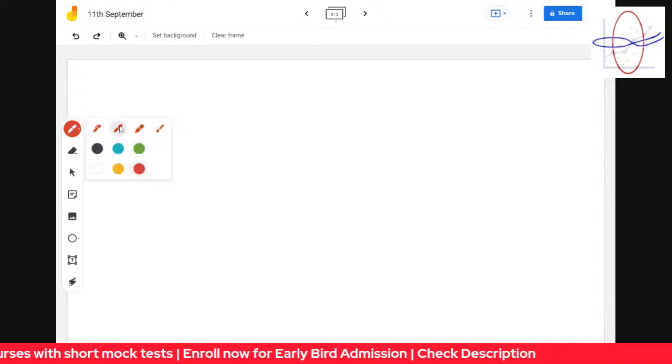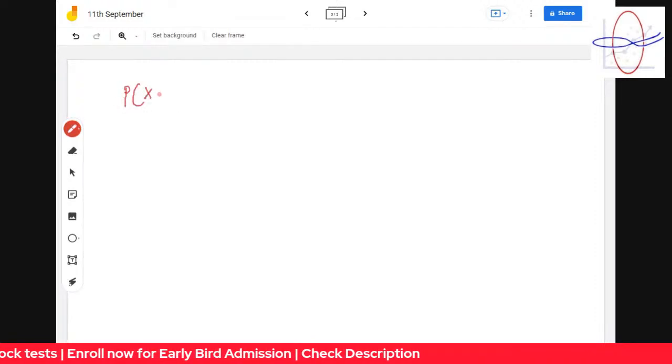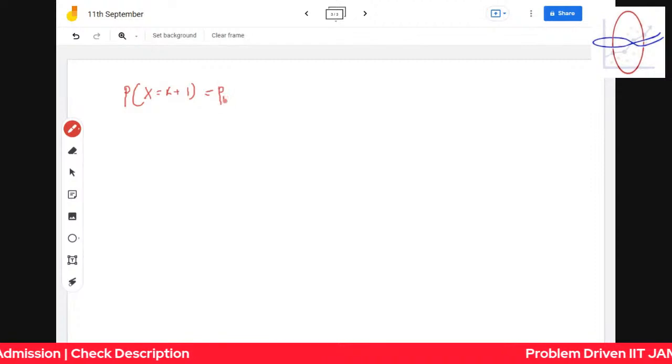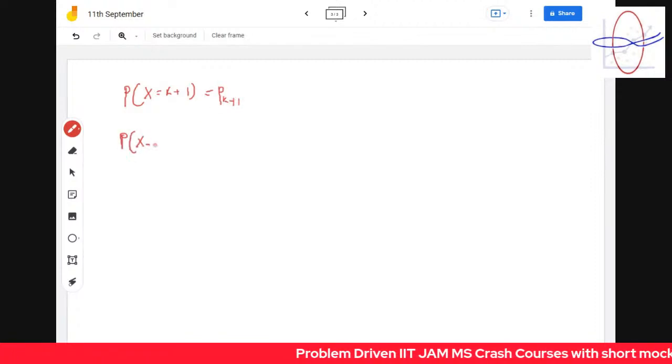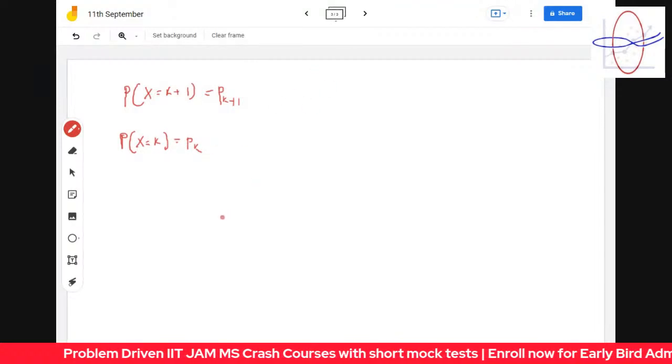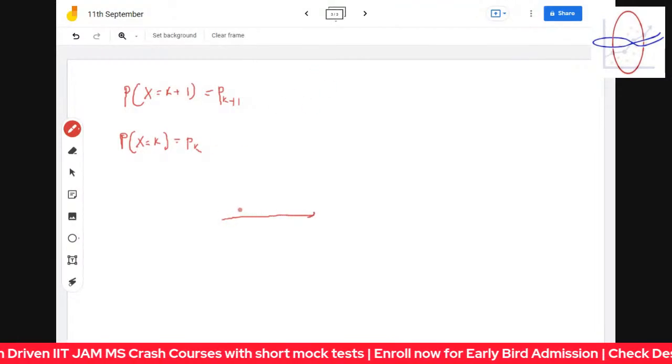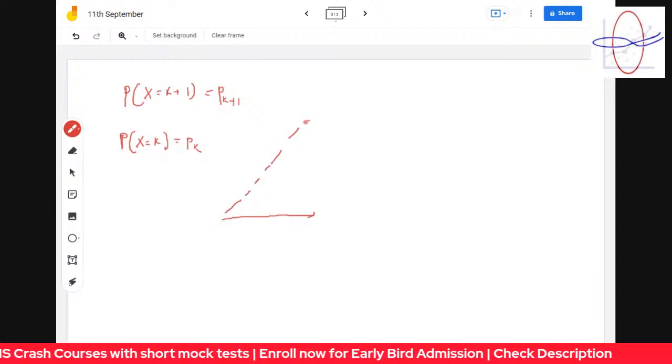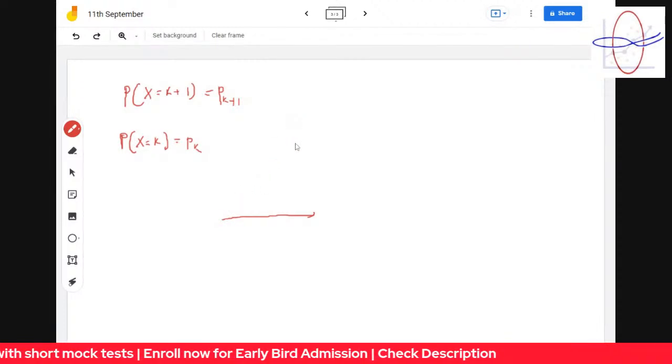Let's call probability X is equal to k plus 1 as p_{k+1}, and therefore probability X is equal to k is p_k. We are seeing that as k increases up to a certain point, the p_k's are increasing, and then they are decreasing.